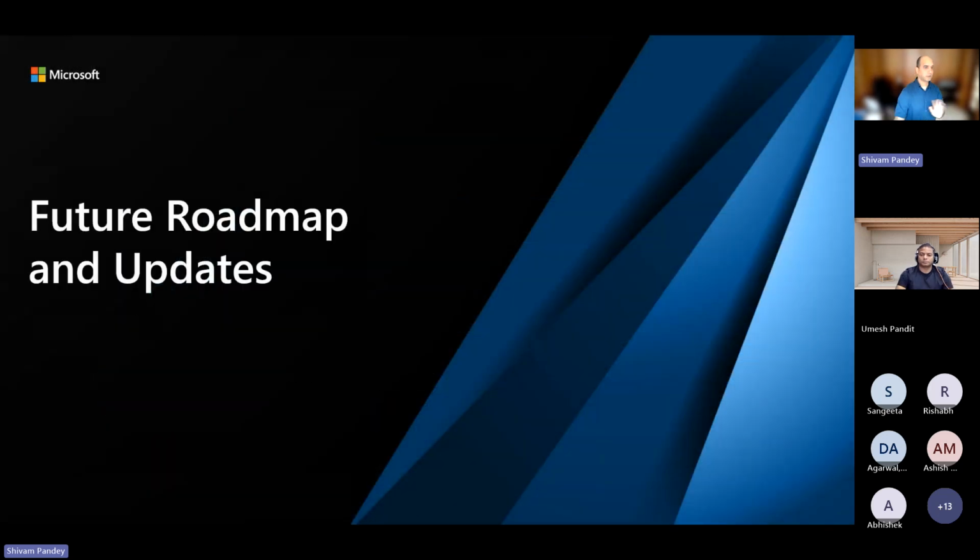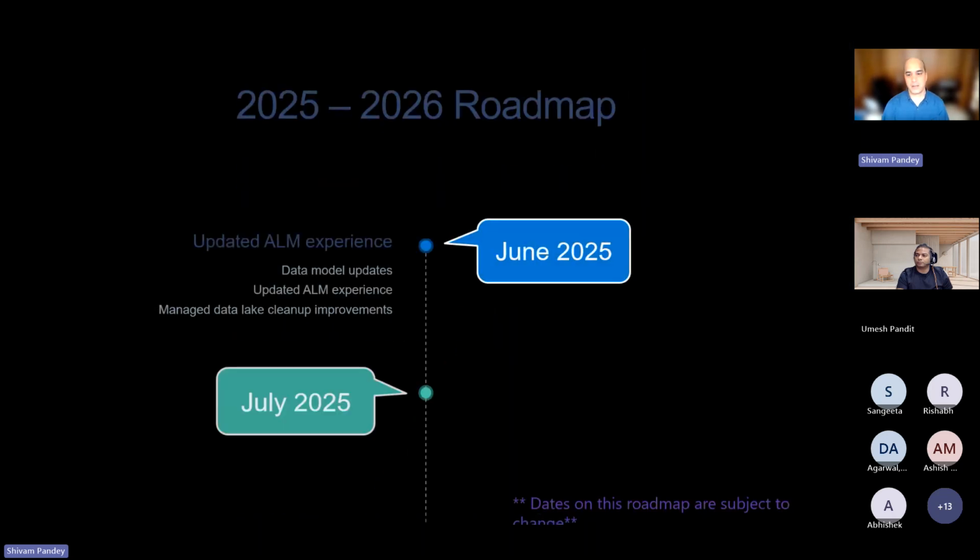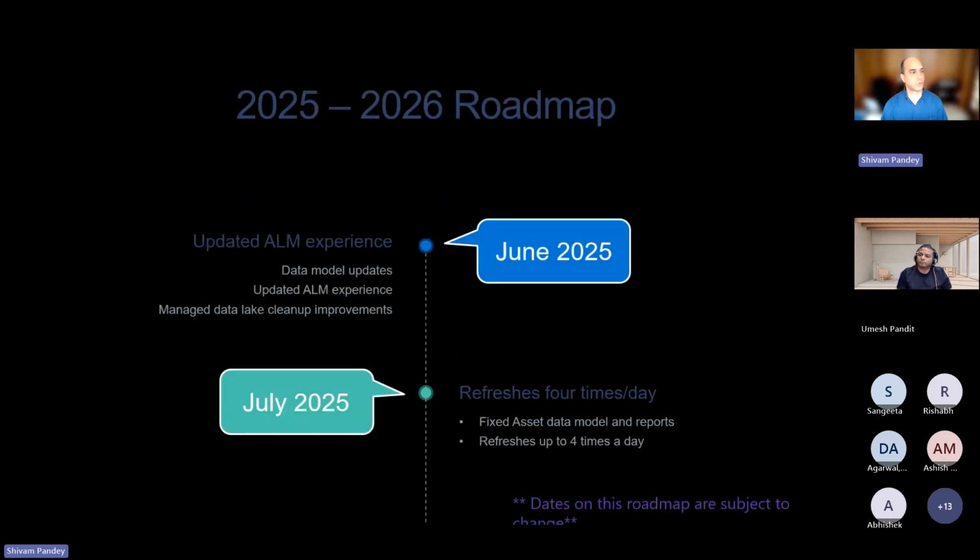Now let's briefly talk about the future roadmap and updates. In June of 2025, we shipped an ALM experience within BPA where you could create your own reports and copy them over from sandbox environments to production environments. In the July timeframe, we will be releasing the fixed assets data model in preview.